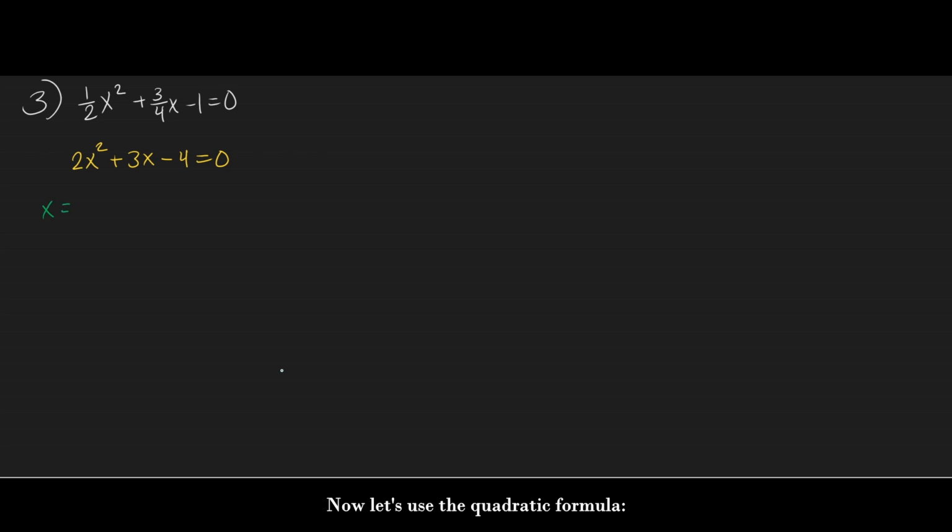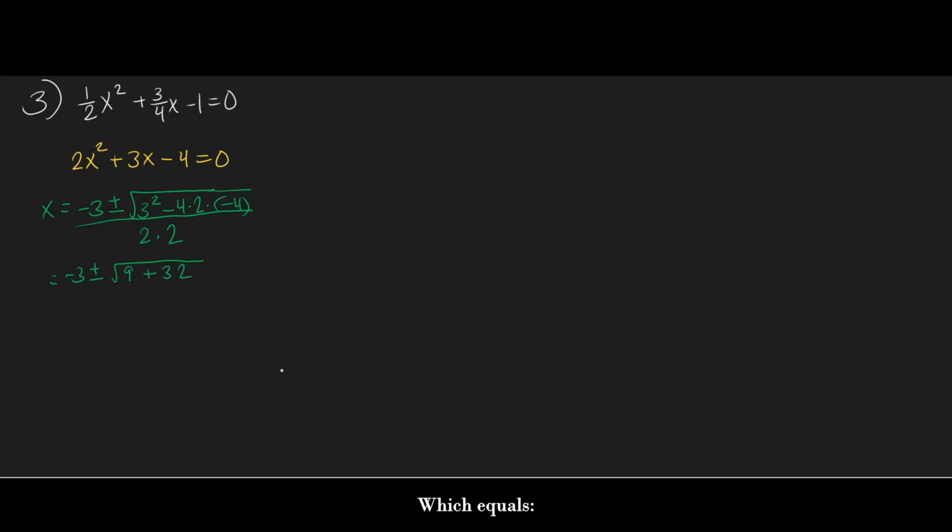X equals negative 3 plus or minus the square root of 3 squared minus 4 times 2 times negative 4, divided by 2 times 2, which equals negative 3 plus or minus the square root of 9 plus 32, divided by 4.